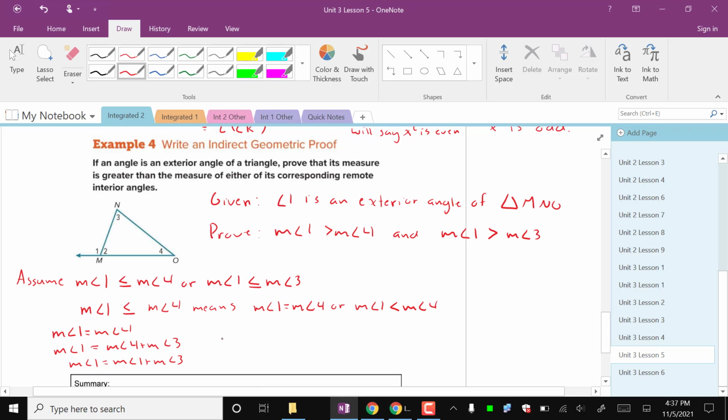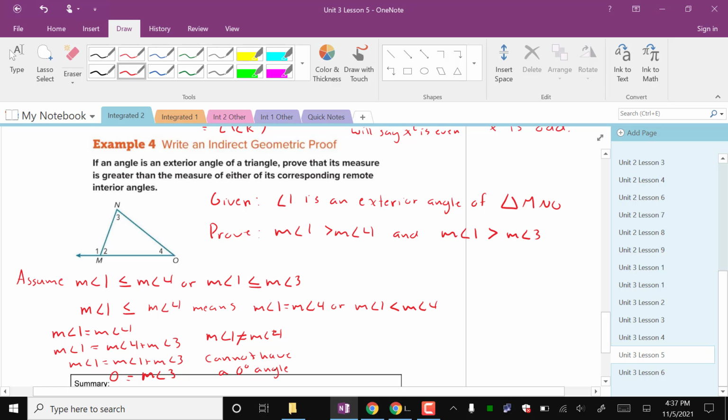So then therefore, the measure of angle 3 equals 0. Well, how can we have an angle of 0? If we have an angle of 0, then our angle doesn't exist. So measure of angle 1 cannot equal measure of angle 4. Cannot have a 0-degree angle.